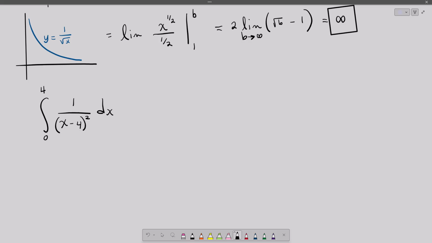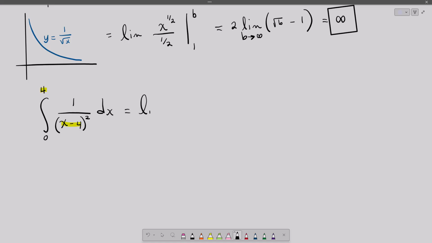Yeah, let's go ahead and go with this. So, do you see that it's improper? It's not obvious because there's no infinity symbol, but it should be semi-obvious that if you plug in 4, you have a vertical asymptote. So that's how we see that it's improper.